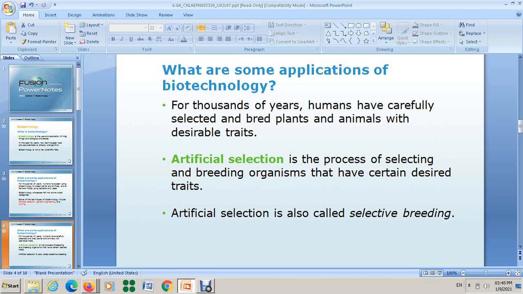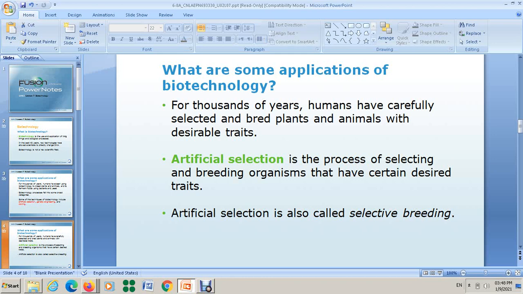So this is a desirable feature that is required. Because you're choosing the cows to breed, this is called artificial selection. It's the process of selecting and breeding organisms that have certain desired traits.